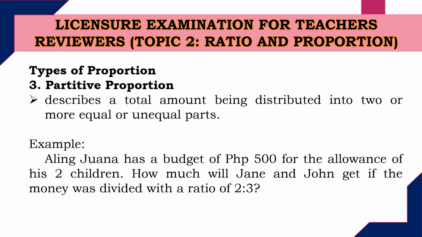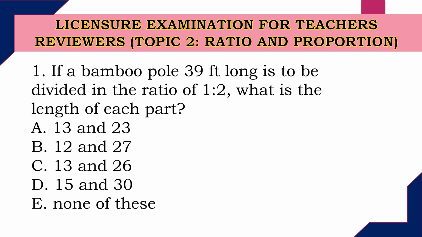So this is an example of partitive proportion. Partitive proportion is also known as proportion by parts. If we have problems that involve dividing a total quantity into two or more equal or unequal parts, then that is partitive proportion. Now, let us proceed with review question number 1.